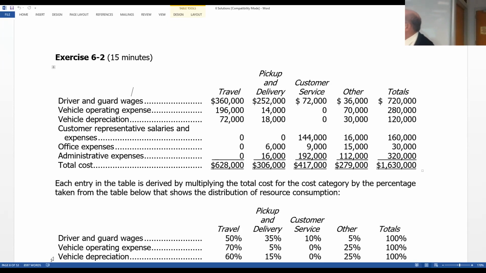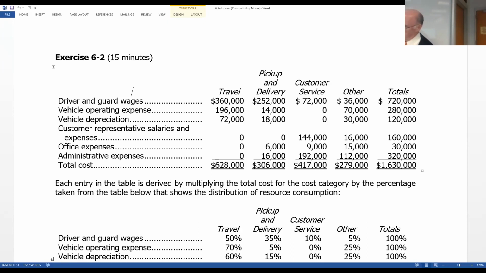Travel, 50% of that, based on the top of page 256, 50%. 50% of $720,000 is $360,000. Where does the $252,000 come from? 35% of $720,000. So you just take whatever's in the total column, and you multiply it by whatever percent the book tells you to. So 35% of $720,000 is $252,000.